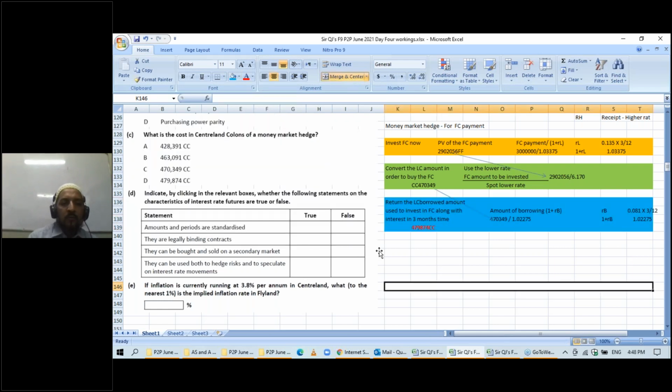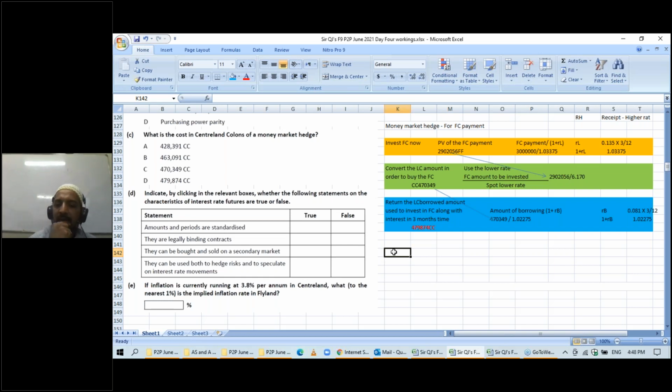Okay, now moving on to part D. Indicate by clicking in the relevant boxes whether the following statements on the characteristics of interest rate futures are true. Say there is a futures market situated in London, and interest rate futures are being sold there. An interest rate future is just like a share certificate. Share certificates are standardized, with, say, $1 written on it as a face value.